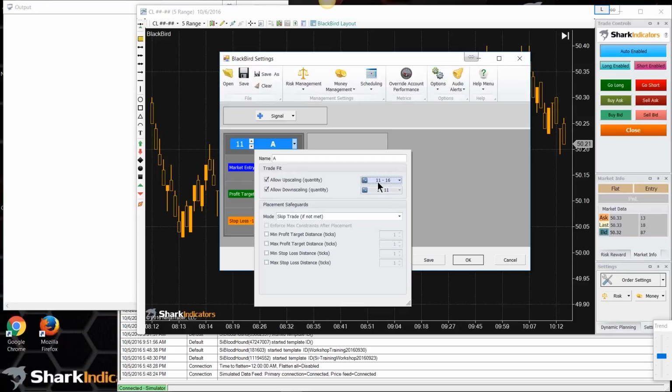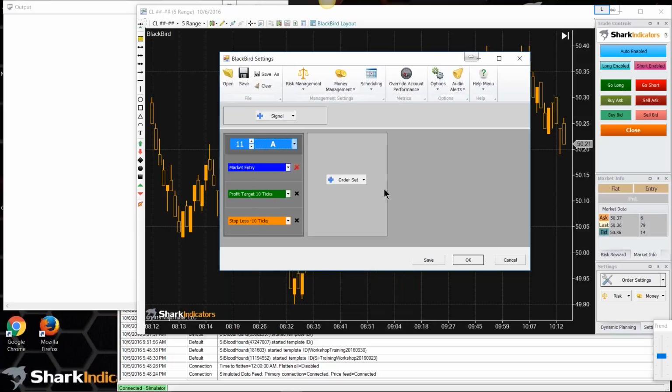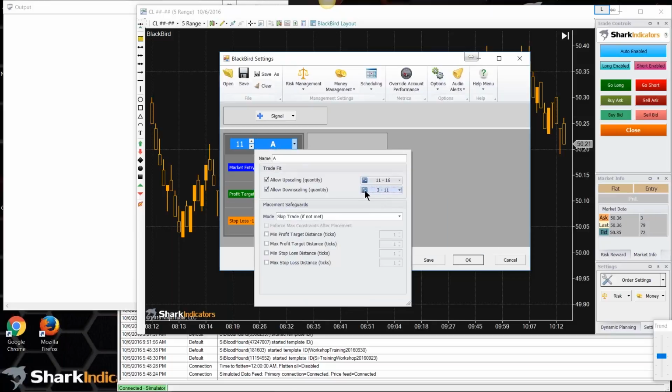And so now BlackBird would be allowed to upscale to a maximum of 16 contracts. And let's say we wanted to trade at least a minimum of 3 contracts. So we could set the variance down to 8, and so now BlackBird can set a minimum of 3 contracts when it's downscaling.